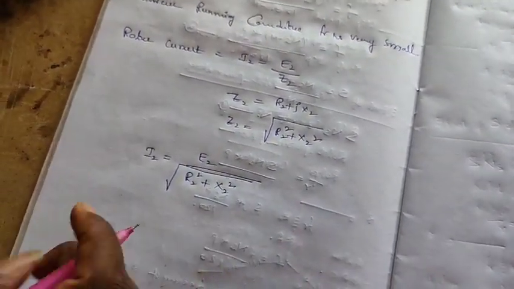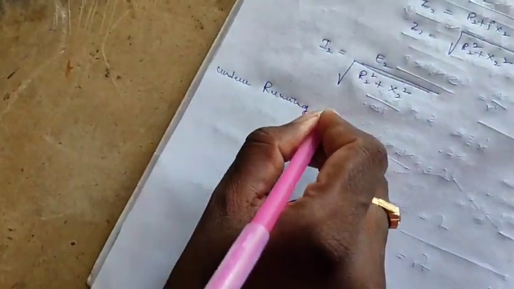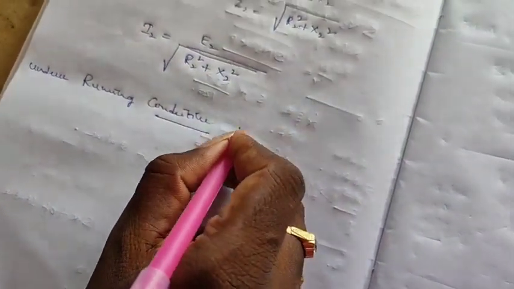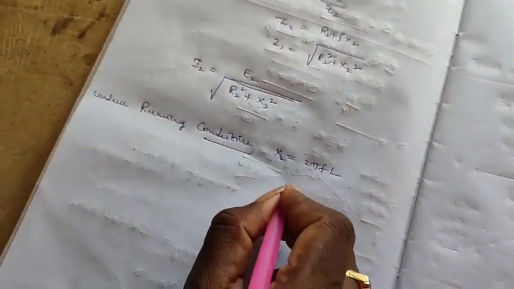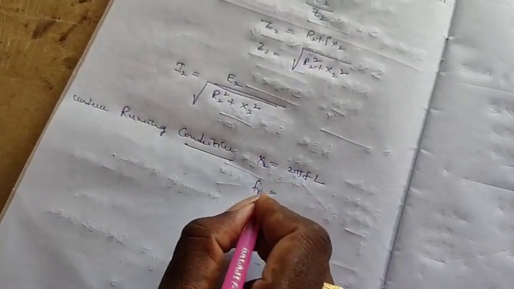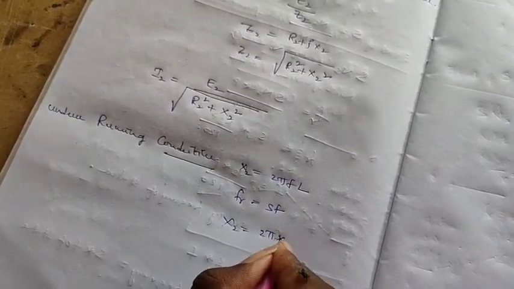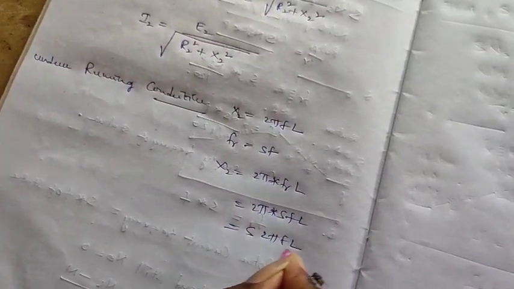So under running condition X2 is equal to 2 pi f L. So here under running condition fr is equal to s f, X2 equal to 2 pi into fr into L, that is 2 pi into slip times f into L, that is slip times X2.